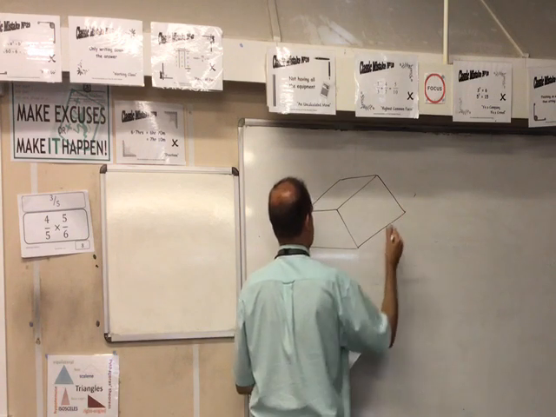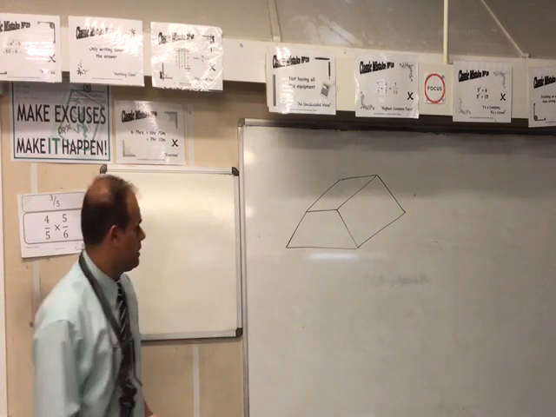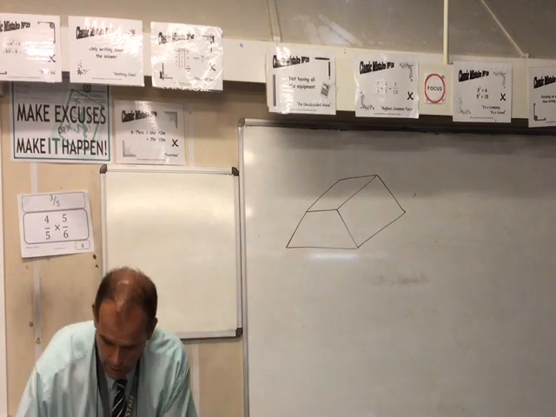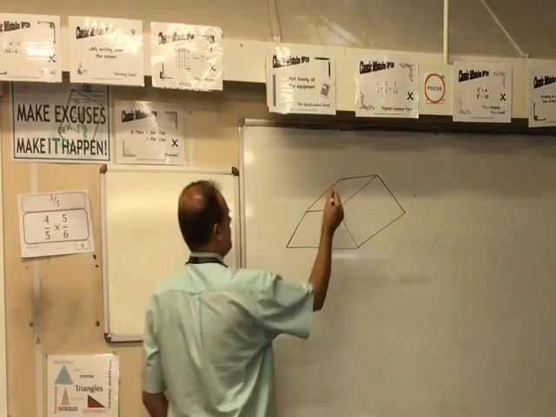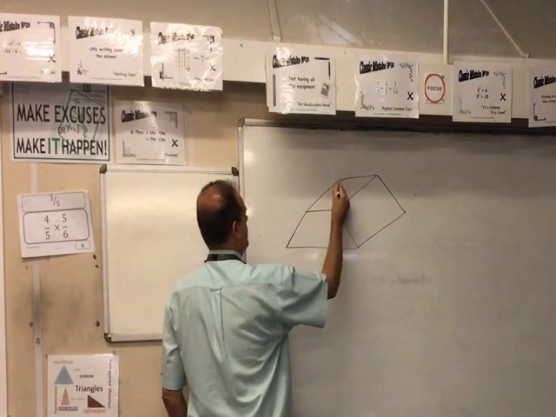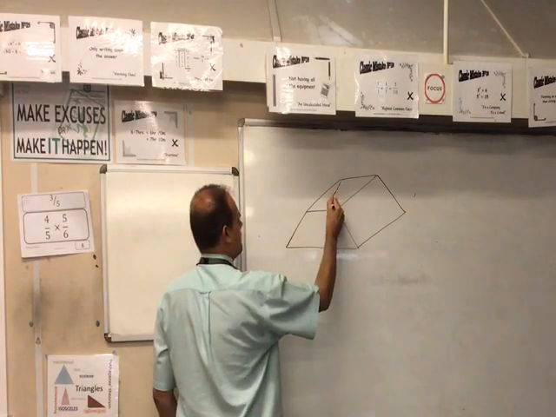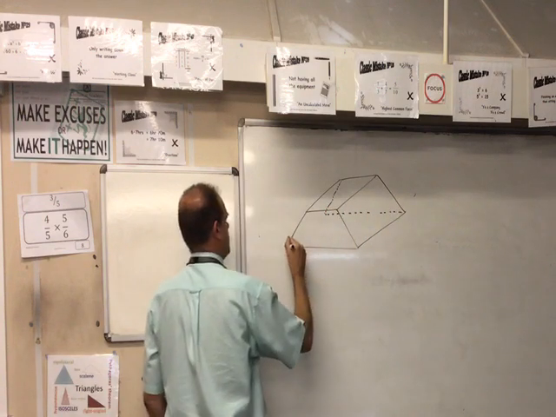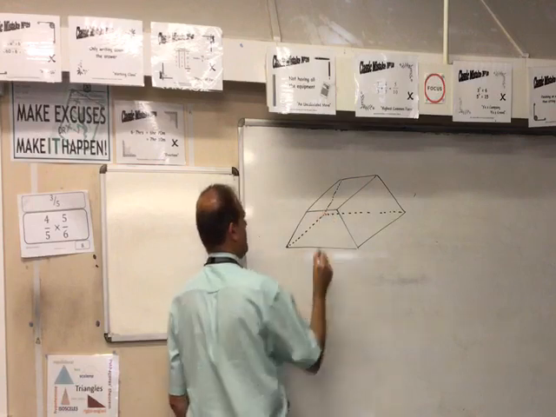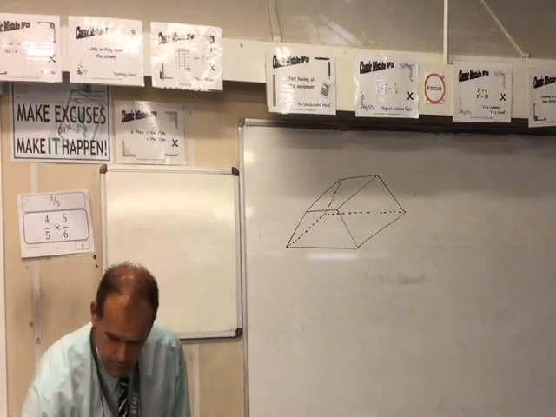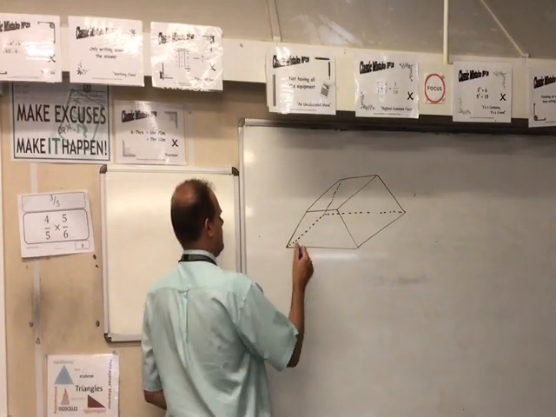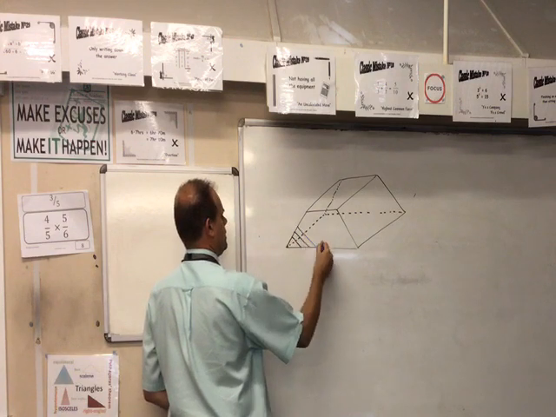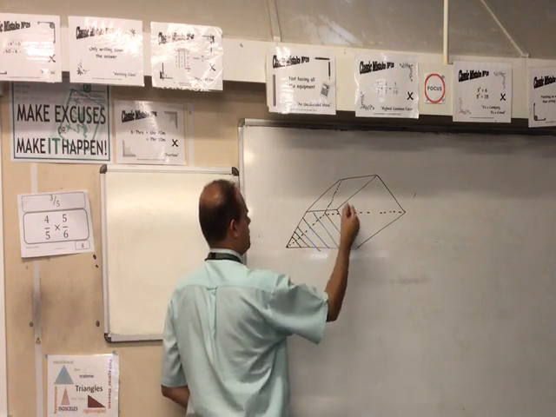And then we've got it. And you can see the trapezium at the back there. Try to put that in a different colour. And you can see the cross section there is the same as the red there.